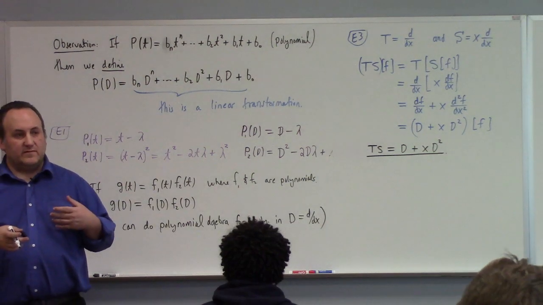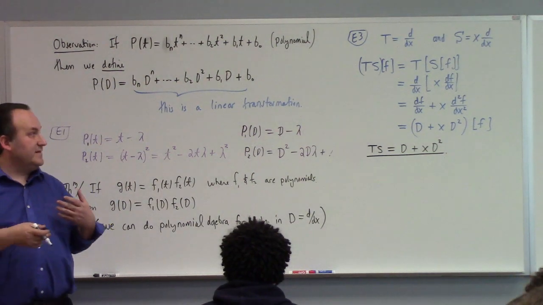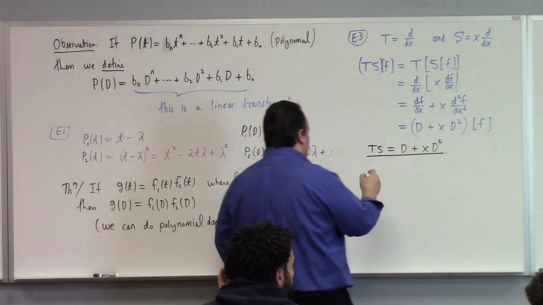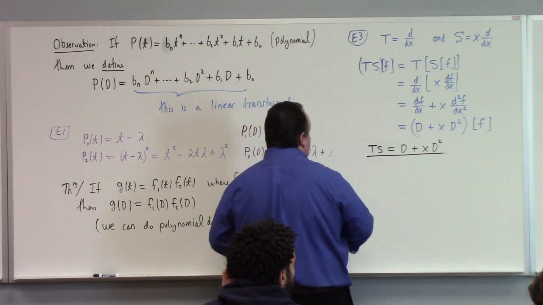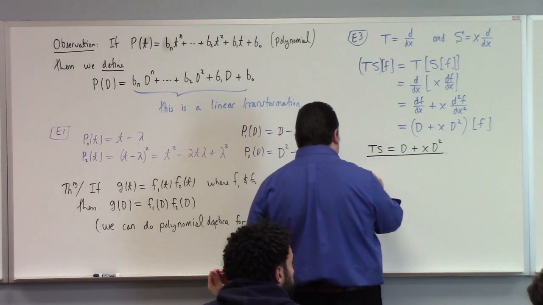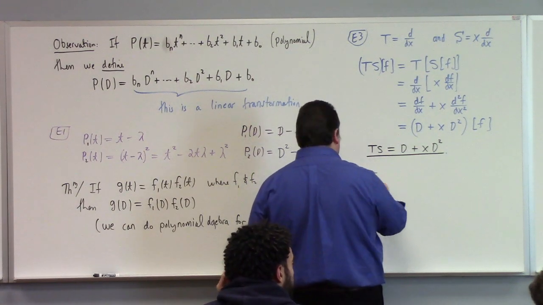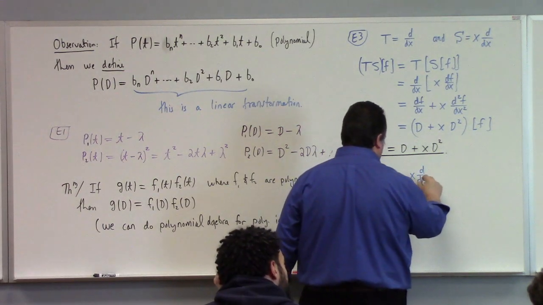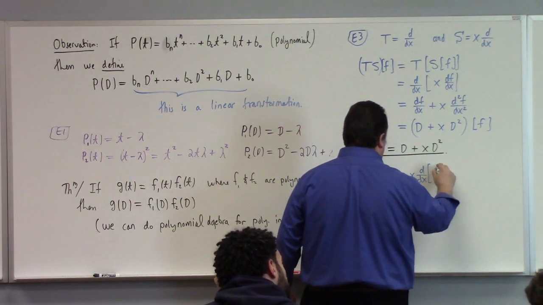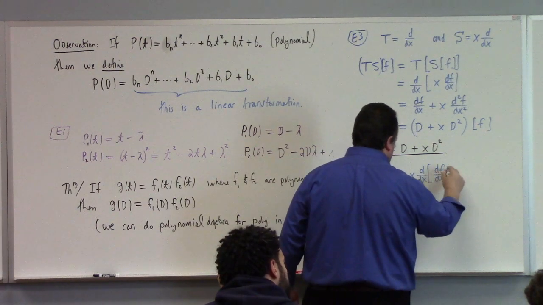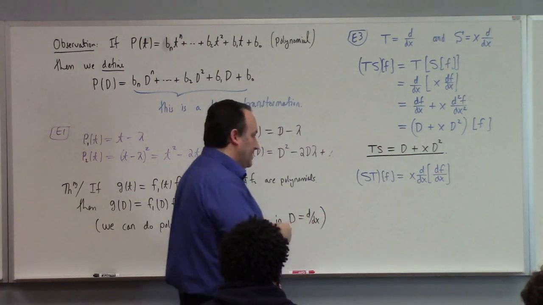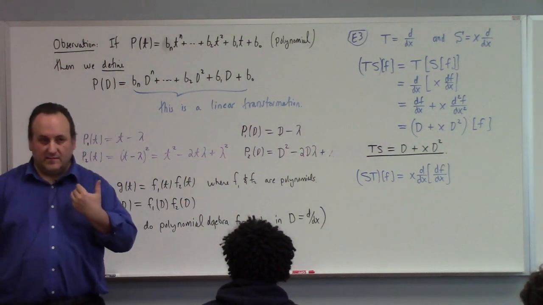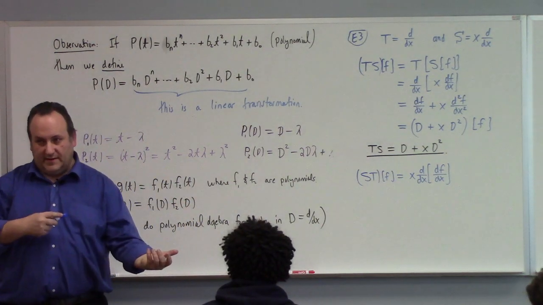Now, what if I go the other way? What if I instead calculate ST acting on f? What happens then? How is that different? This time the x times d dx comes second, and the differentiation comes first, right?